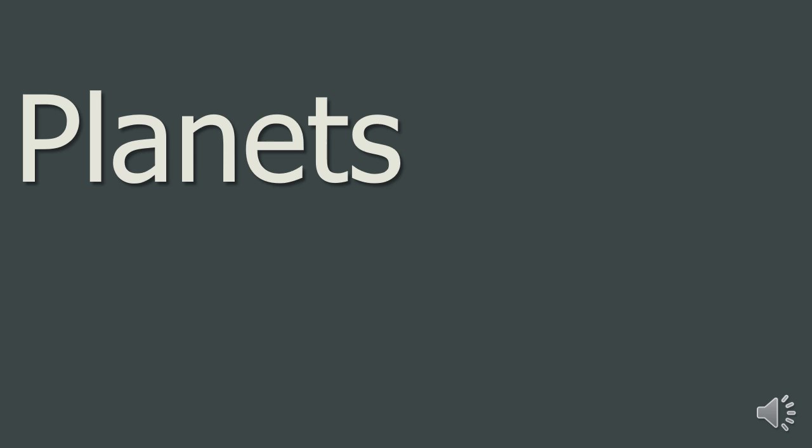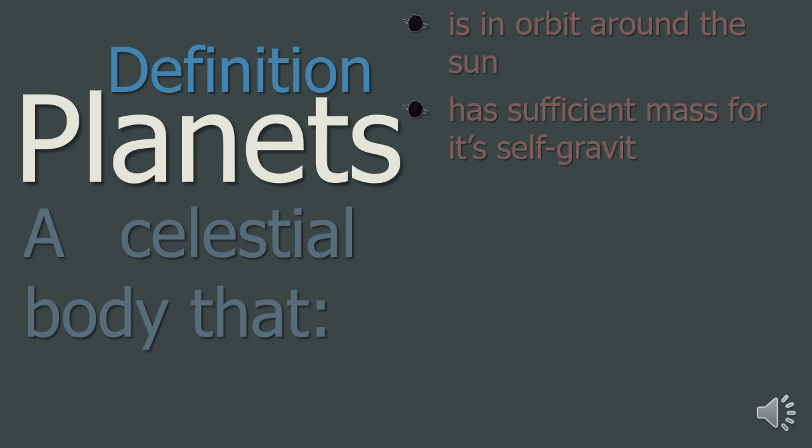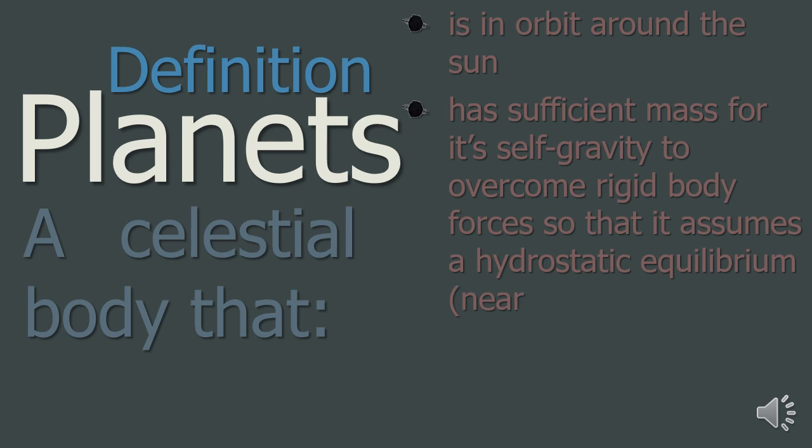What is a planet? Well, the IAU, or the International Astronomical Union, define a planet as a celestial body that is in orbit around the Sun, has sufficient mass for its self-gravity to overcome rigid body forces so that it assumes a hydrostatic equilibrium shape.